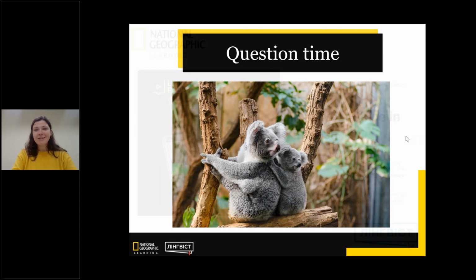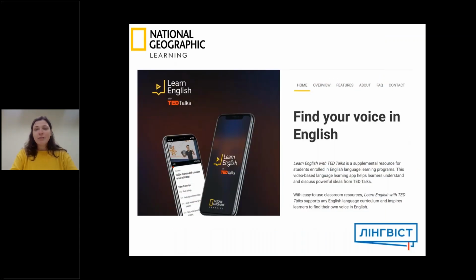Also, if you teach teenagers, they may be interested in developing their skills, not just exam preparation. Here we have a wonderful application for your smartphones, which is called Learn English with TED Talks. You can try a demo version. You just need to write it in the search engine and you will get to the site.